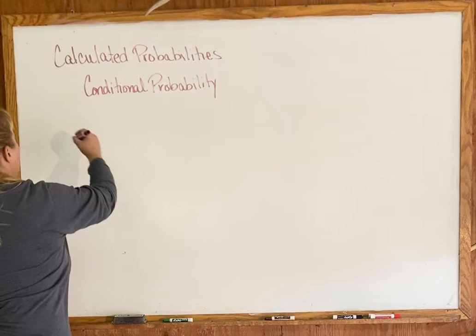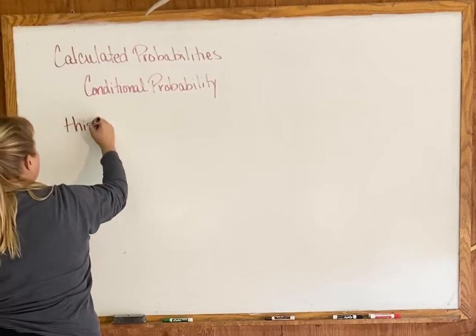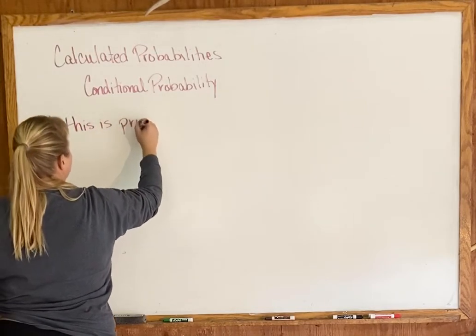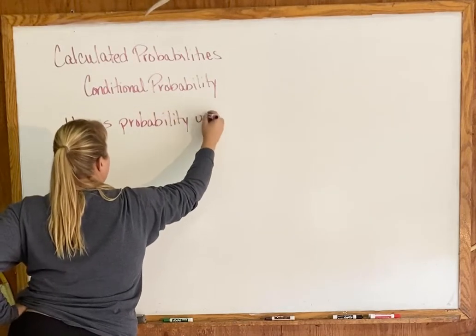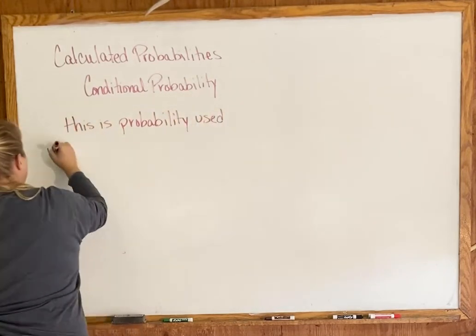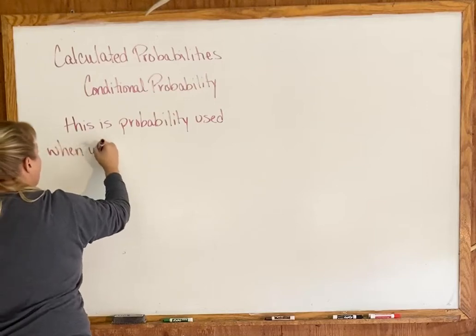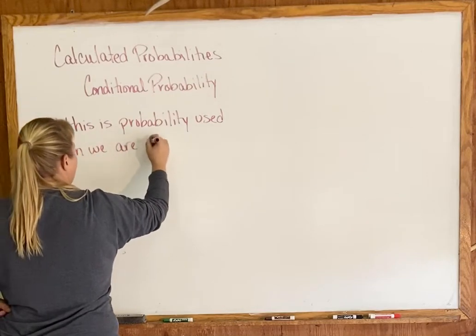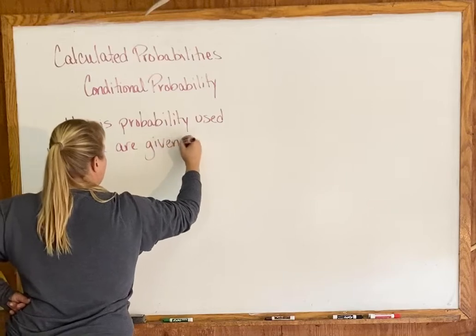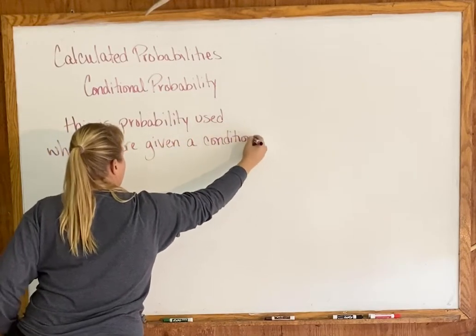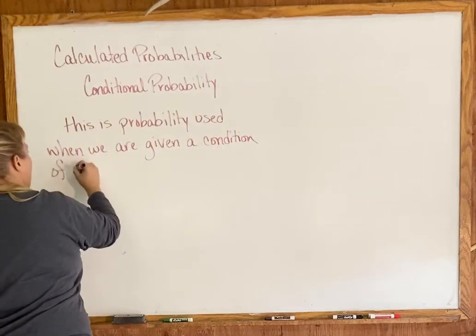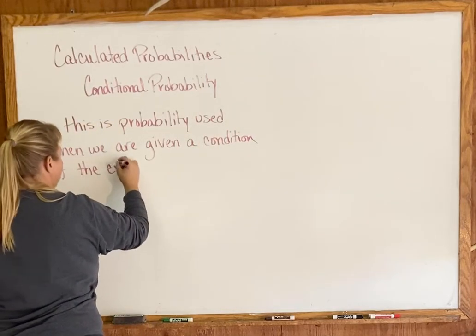Okay, so this is probability used when we are given a condition of the event.